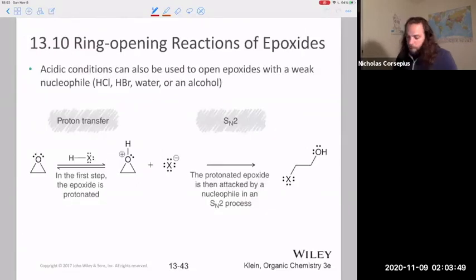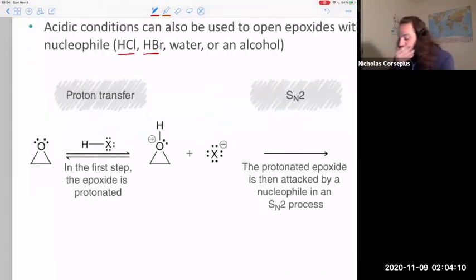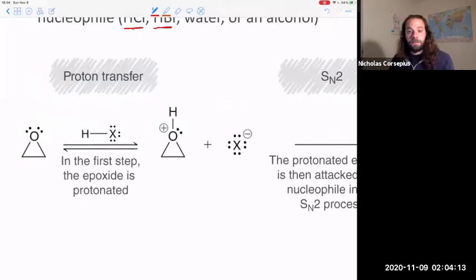Okay, now we have another set of reactions with epoxides. So that was taking an epoxide and reacting it with any strong nucleophile. I told you that we had a different category for when we wanted to use hydrohalogen acids, for example, HCl or HBr. And so these are going to be acid-catalyzed ring openings.